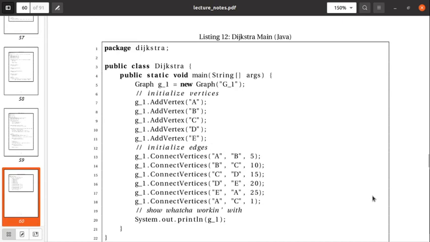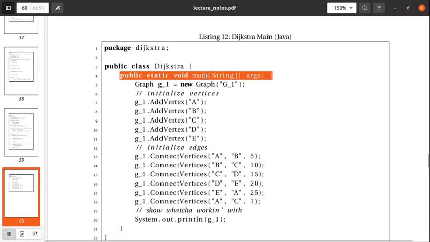Okay, so now the main class. So it's again still in the Dijkstra package. It's public so that we can call main essentially. It's defined as a static method, so we don't need an instance of the Dijkstra class. We can just call Dijkstra.main.